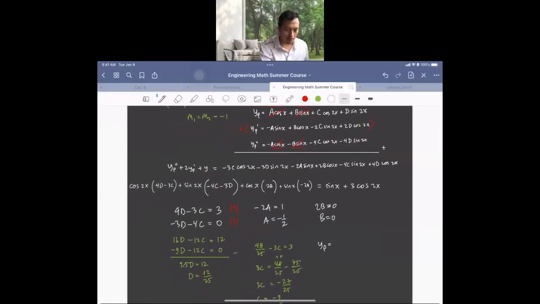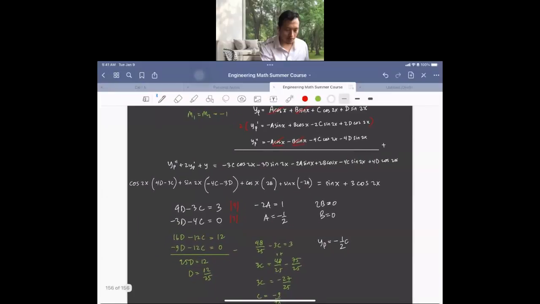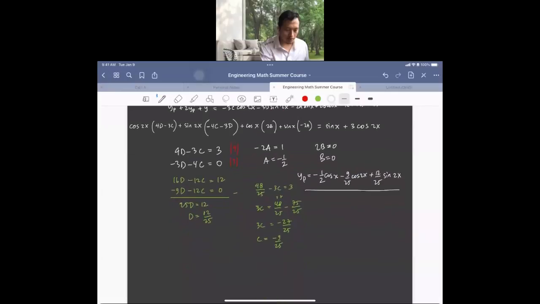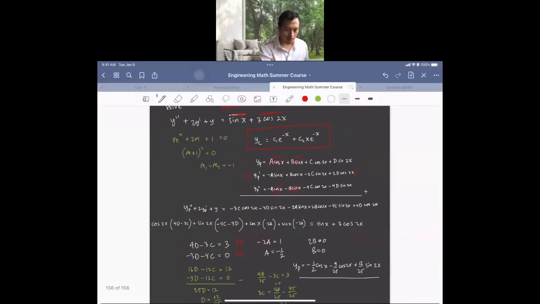So yp, where is yp? Oh, a cos x. A is negative 1 over 2 cos x, 0, and then c, and 12 over 25 sine 2x. Okay, this is our solution for the particular solution.